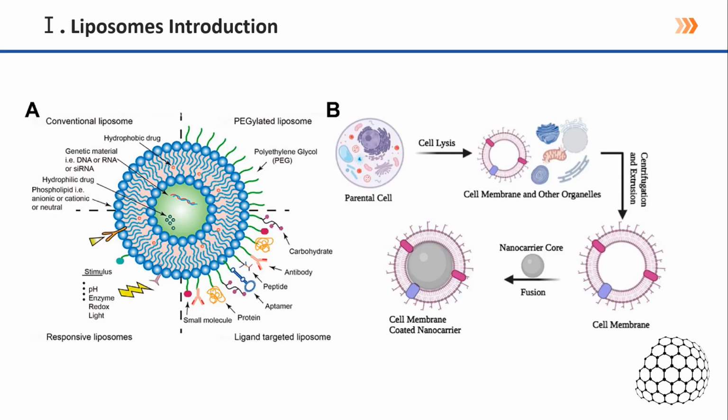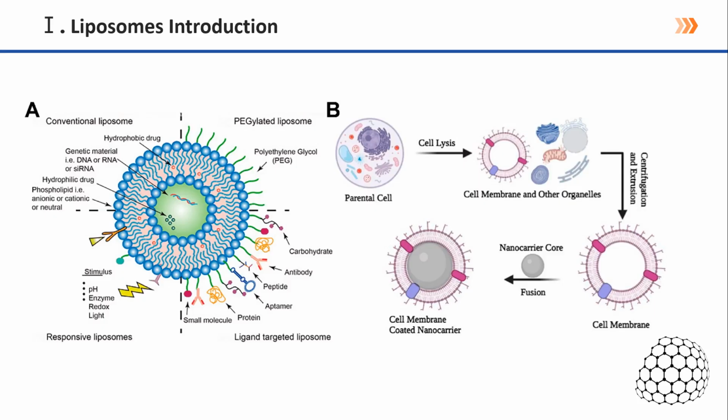PEGylated liposomes give liposomes some special properties by adding polyethylene glycol to the surface of liposomes. It can reduce the chance of liposomes being recognized and cleared by the immune system in the body, just like putting on an invisible cloak for the liposomes, allowing them to circulate in the body for a longer time, thereby increasing the half-life of the drug and enhancing the therapeutic effect of the drug.